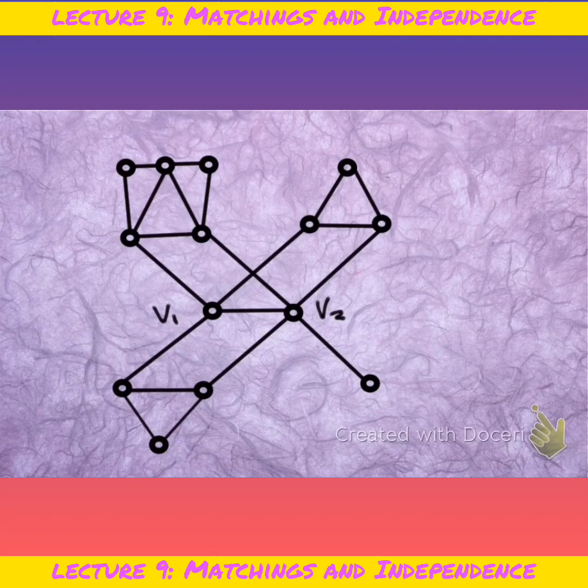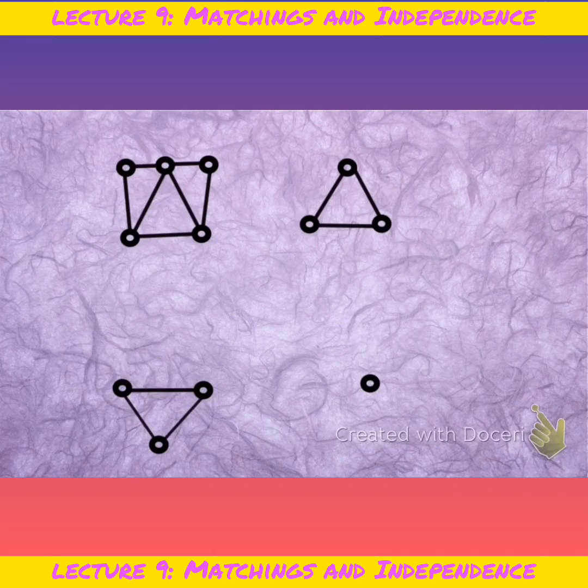How would we determine that? What we're going to do is delete the vertices V1 and V2. There we've got four odd components. Within each one of those components, I cannot find a perfect matching, so there's always going to be a vertex in each component that will be unmatched.